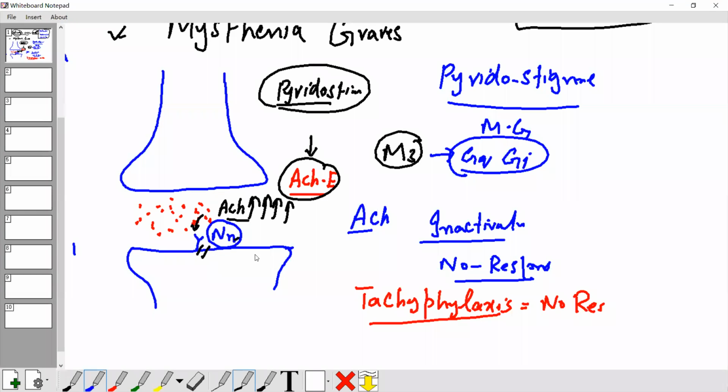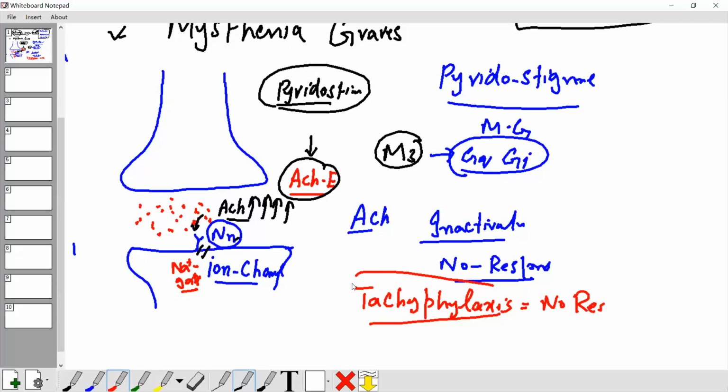So the nicotinic receptor is attached with an ion channel, and this gate is a sodium gate. The sodium gate is attached with this receptor. A receptor having an ion channel gives a very quick response. But if you stimulate that receptor again and again, what happens?